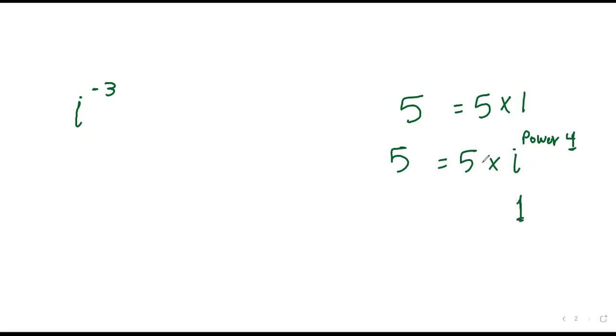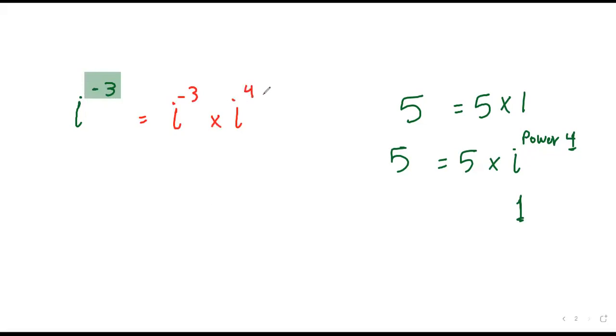So to cancel this negative power, in this question i raised to the power of negative 3, we can just write it as i to the power of negative 3 times i to the power of 4.